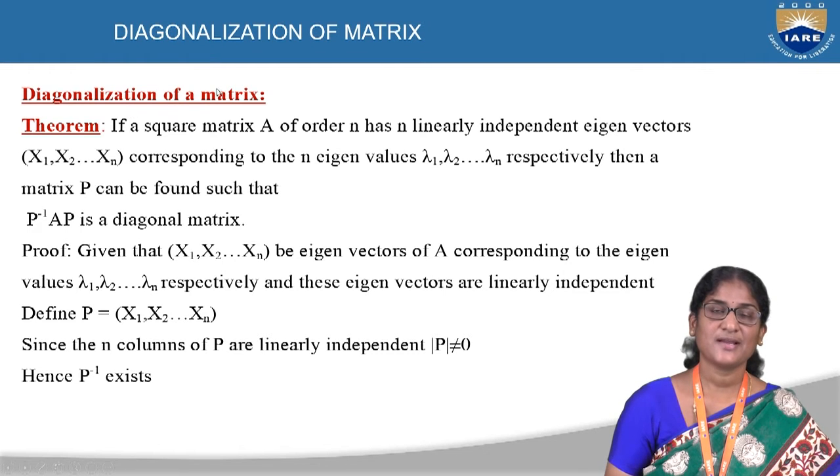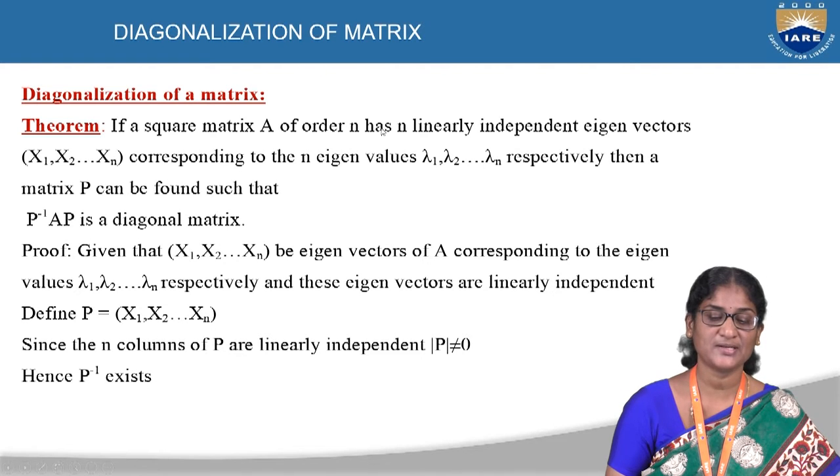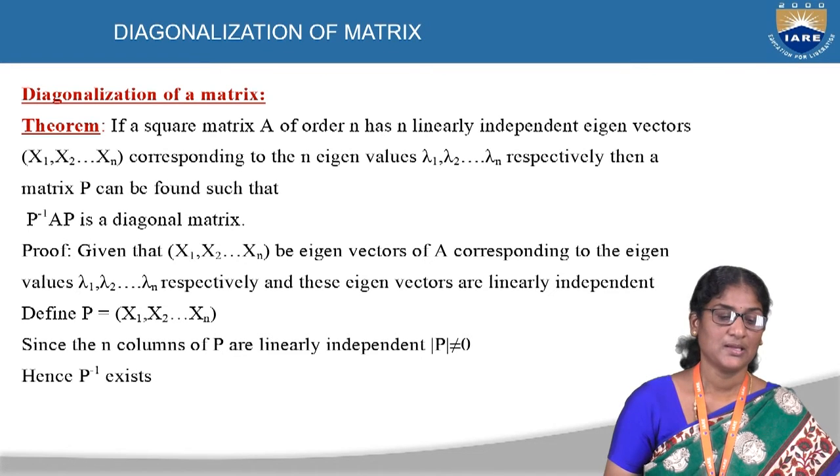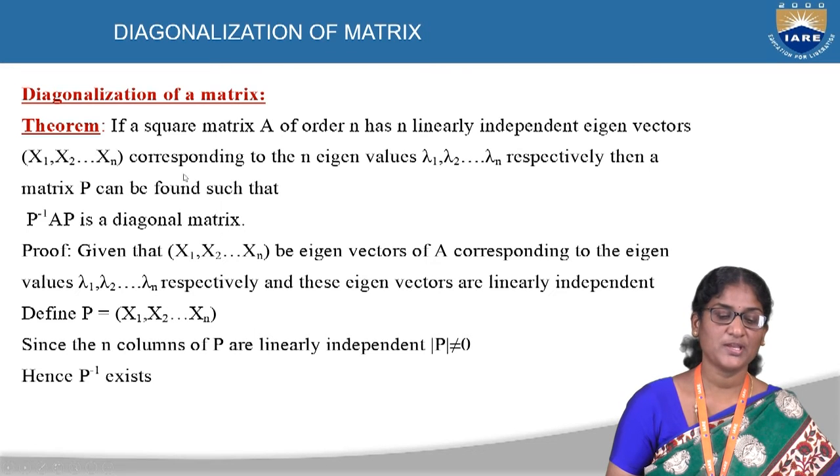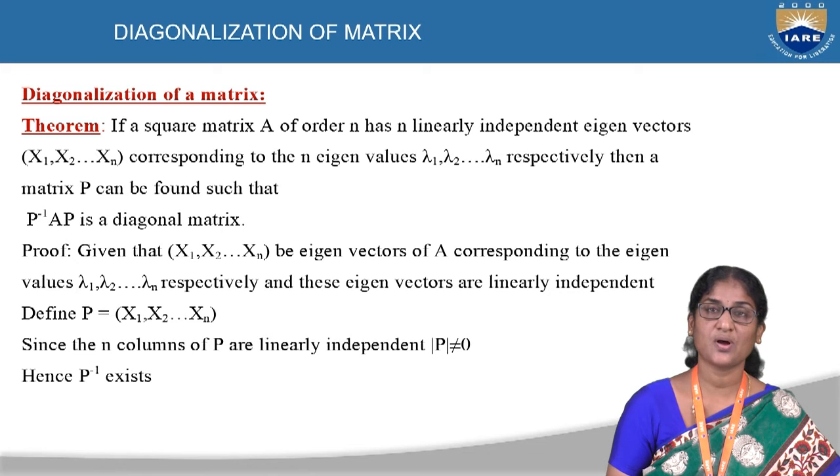matrix. The diagonalization of a matrix: if a square matrix A of order n has n linearly independent eigenvectors x1, x2, so on up till xn corresponding to n eigenvalues lambda 1, lambda 2, so on up till lambda n respectively, then a matrix P can be formed such that P inverse AP is a diagonal matrix.